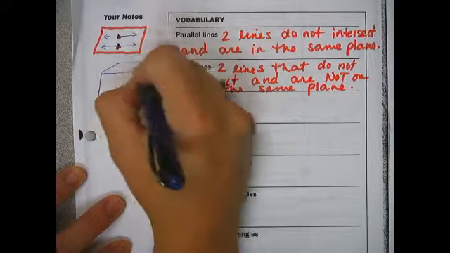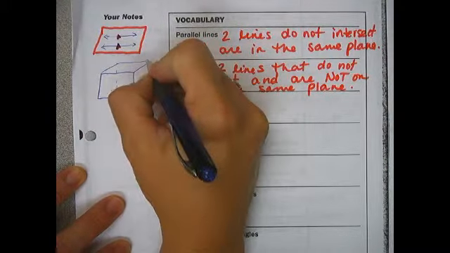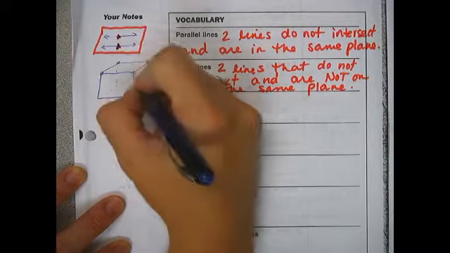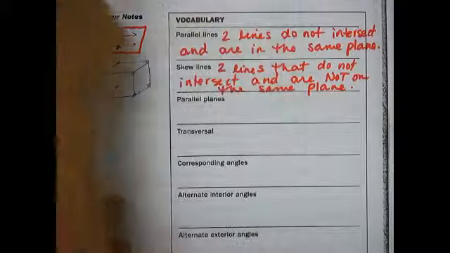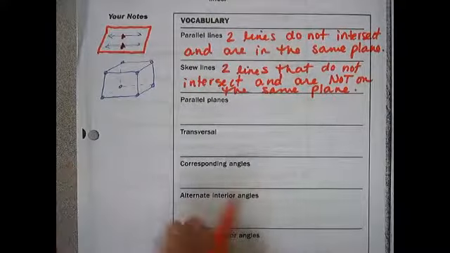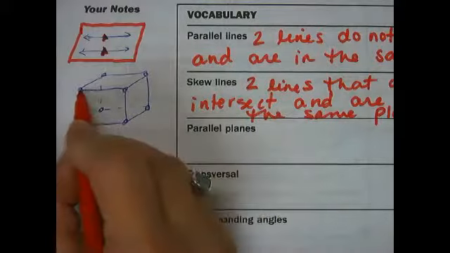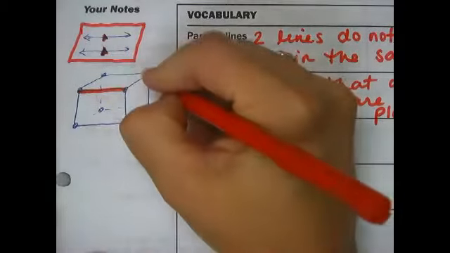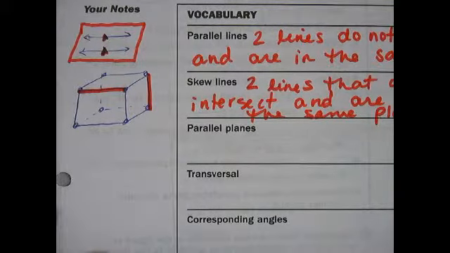So if you can, in the margins here, let's just draw a cube so that you can illustrate that this is 3 dimensions. And there's all kinds of line segments here, all kinds of vertices. So two lines that do not intersect ever but are not on the same plane would be these two that I highlighted.